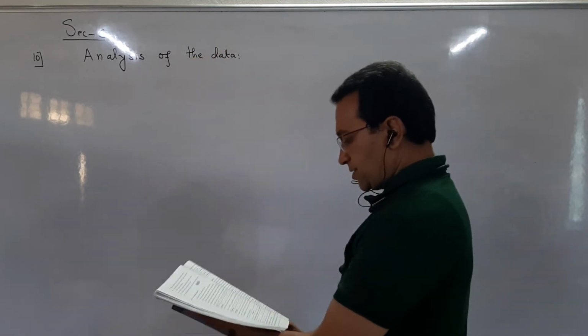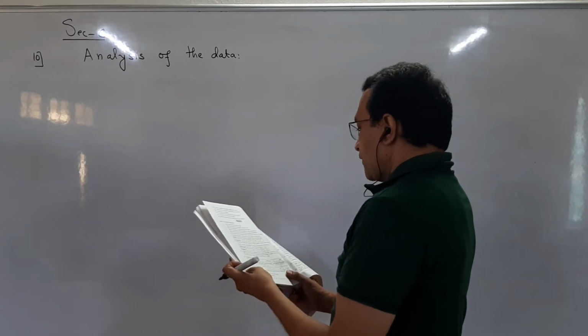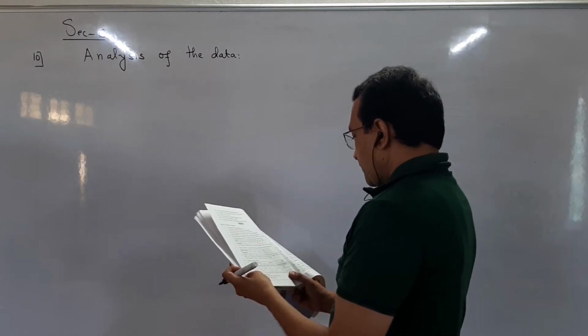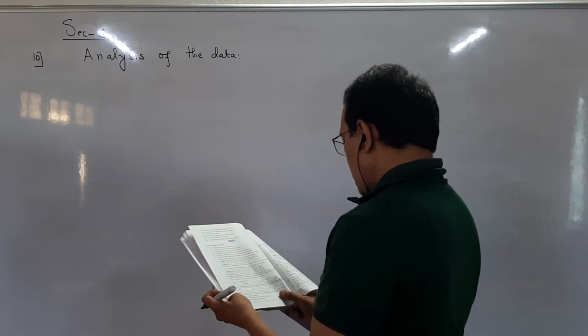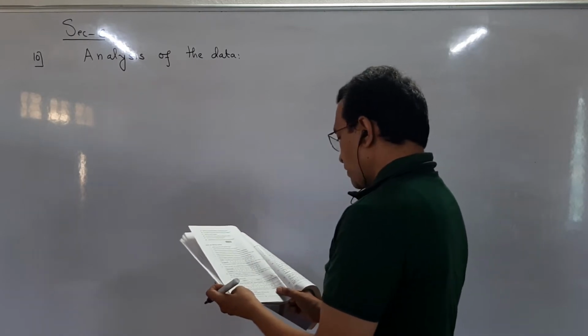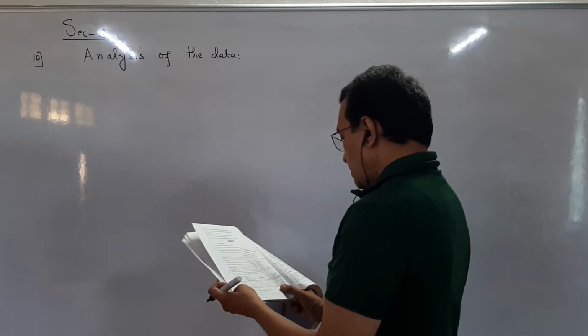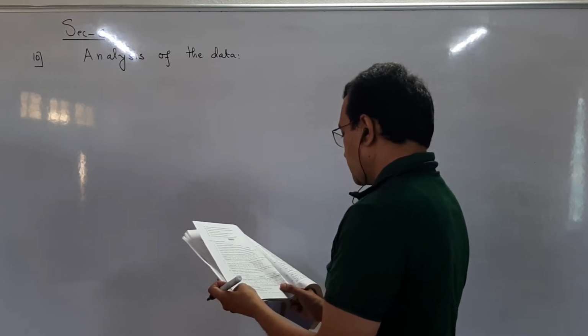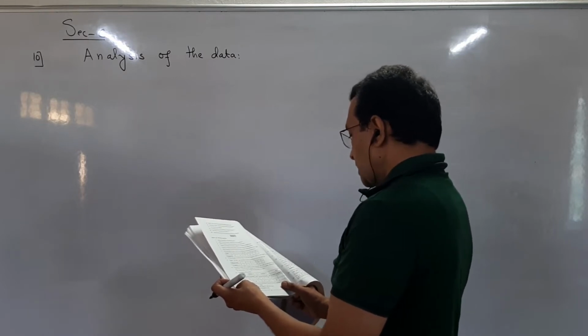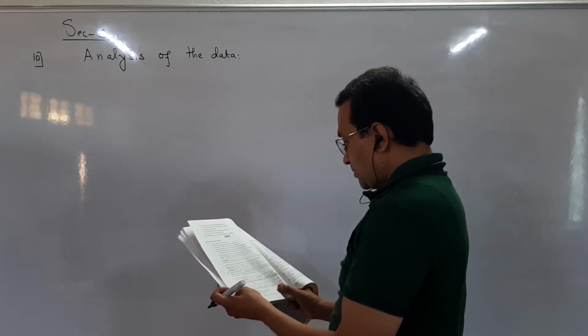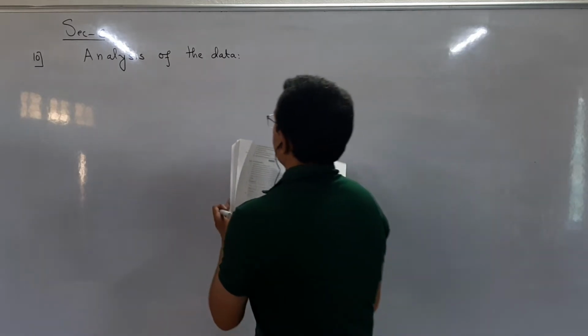Now let us analyze. Demand of a certain item is classified as good, moderate and weak. On the basis of a study for an entire year, it is known that demand was moderate during 22 weeks, whereas the demand was weak during 18 weeks. Represent this information in a table.